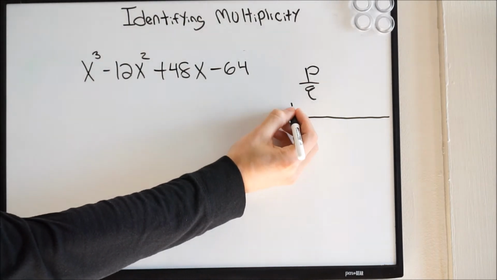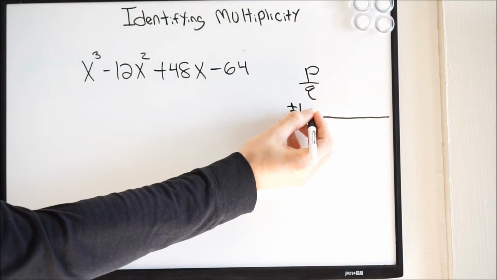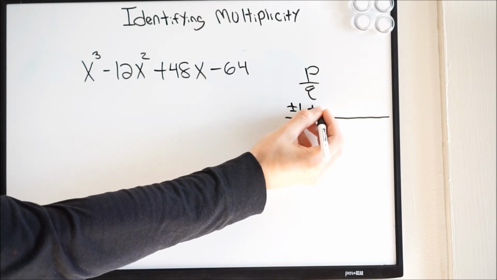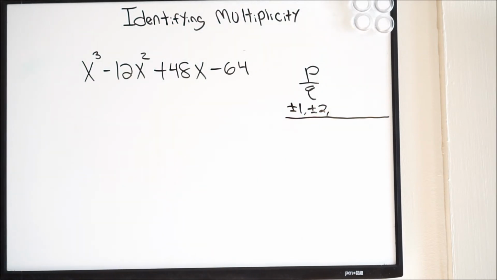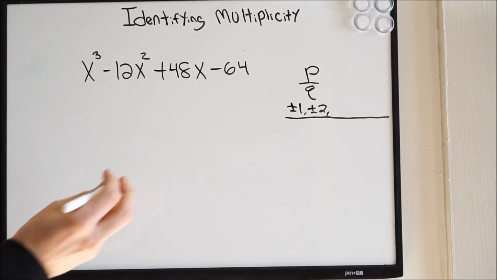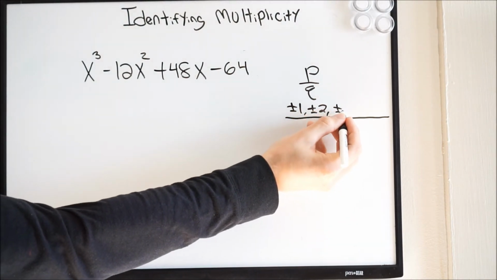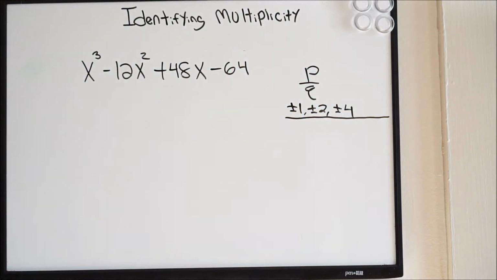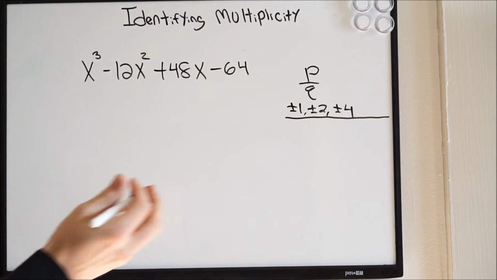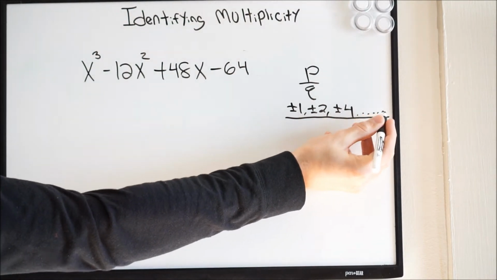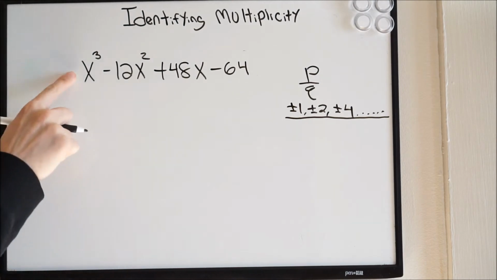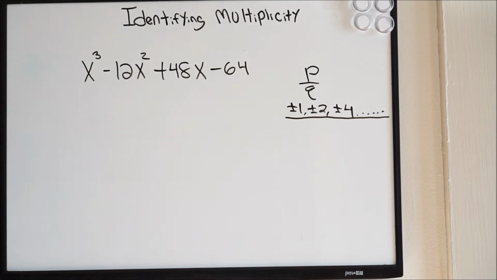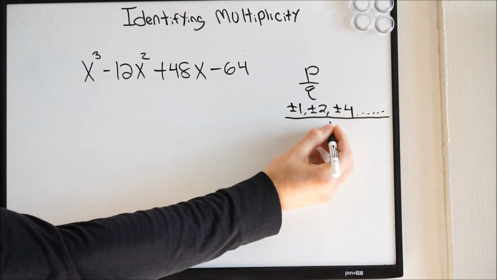So the first ones will be plus or minus 1, plus or minus 2, and plus or minus 4. Why don't we just stop there for now. There are more, so if we need more, we can always get more. And then the factors of my leading coefficient, my q, are going to be plus or minus 1.